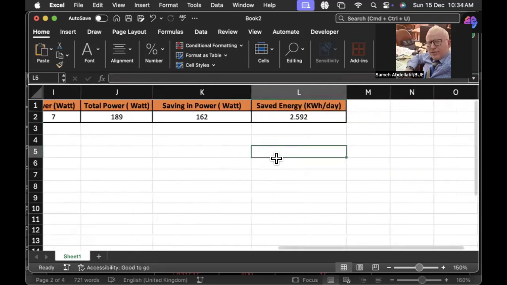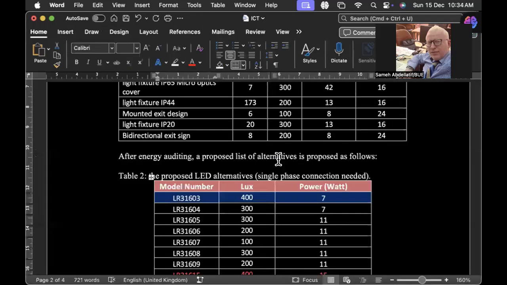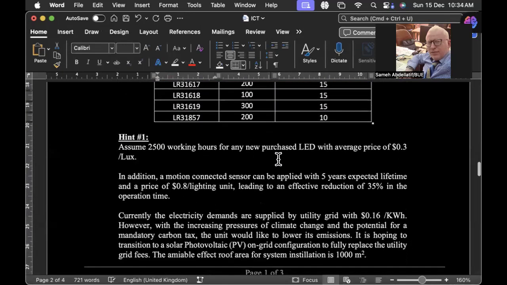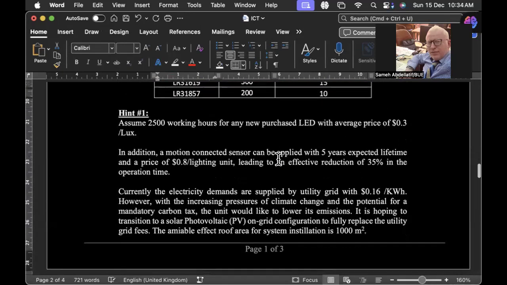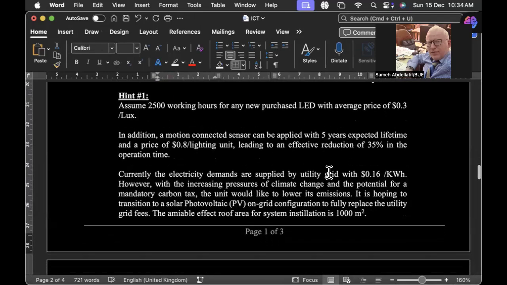So if we go to the sheet here, you will find that somewhere I already mentioned that the grid utility provides electricity to the residential sector at about $0.16 per kilowatt hour. So this is the price in Nairobi, the capital of Kenya.